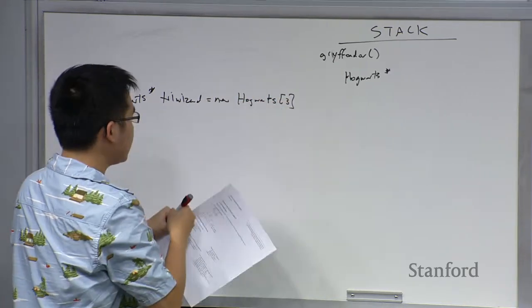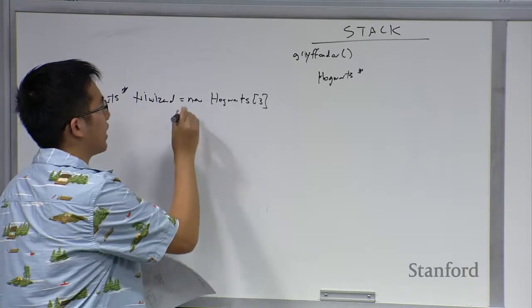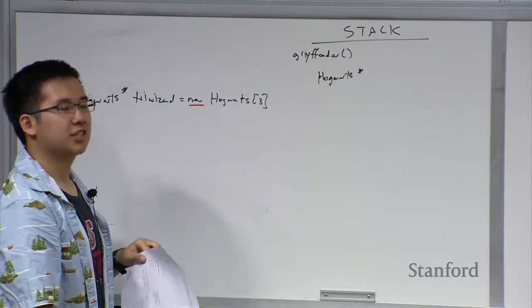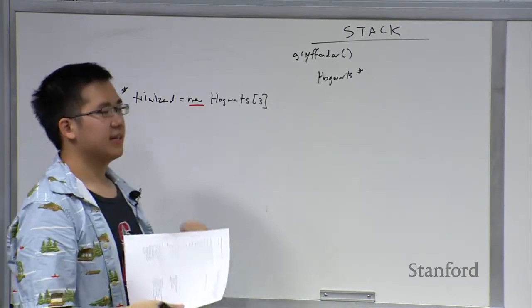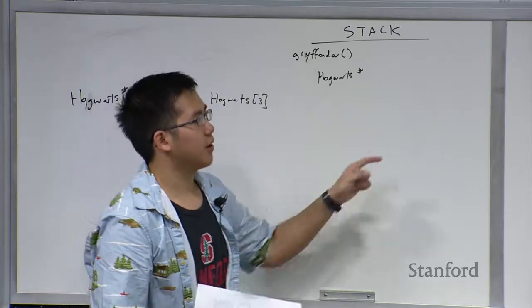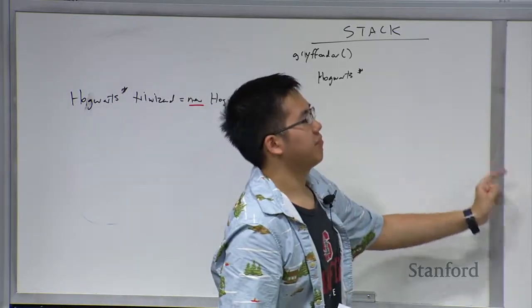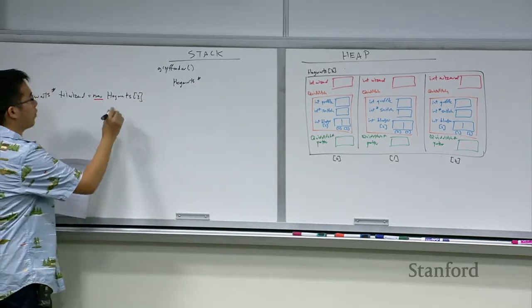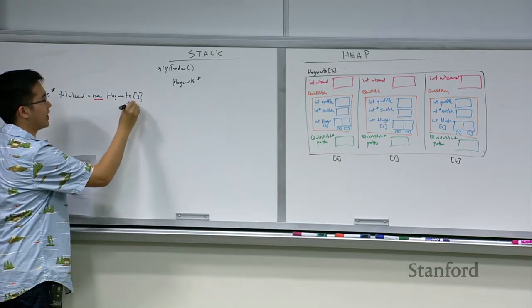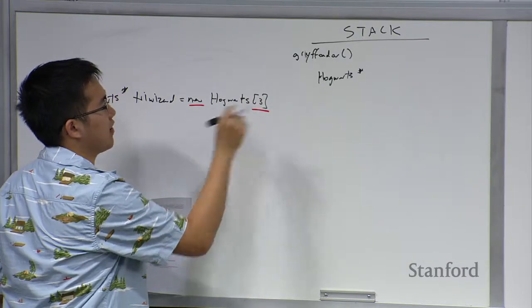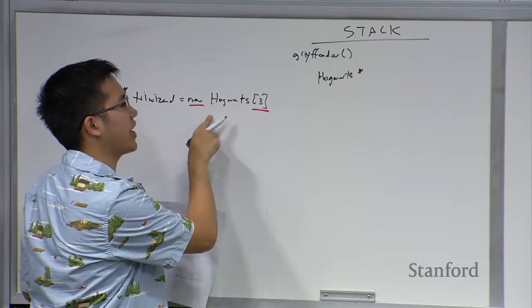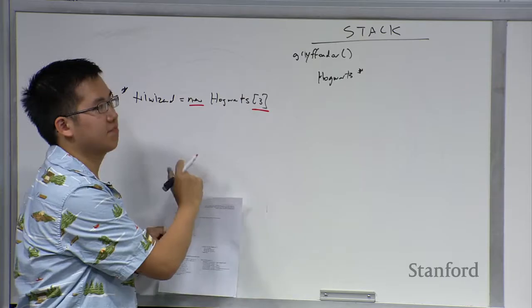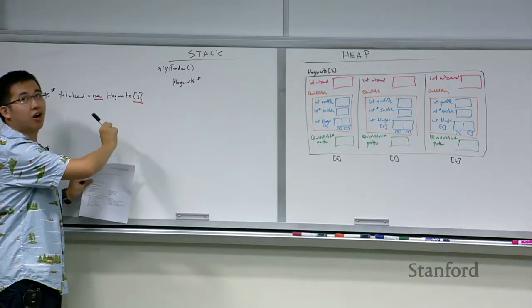What this line of code does is, first note that we're calling the new operator, which means we are asking for memory on the heap, which is why we drew this thing that we're going to use on the heap. Now, we know specifically this is an array because we see that Hogwarts is followed by this bracket 3. This means we're creating an array of 3 Hogwarts structs, which, if you look over there, is what we are doing.